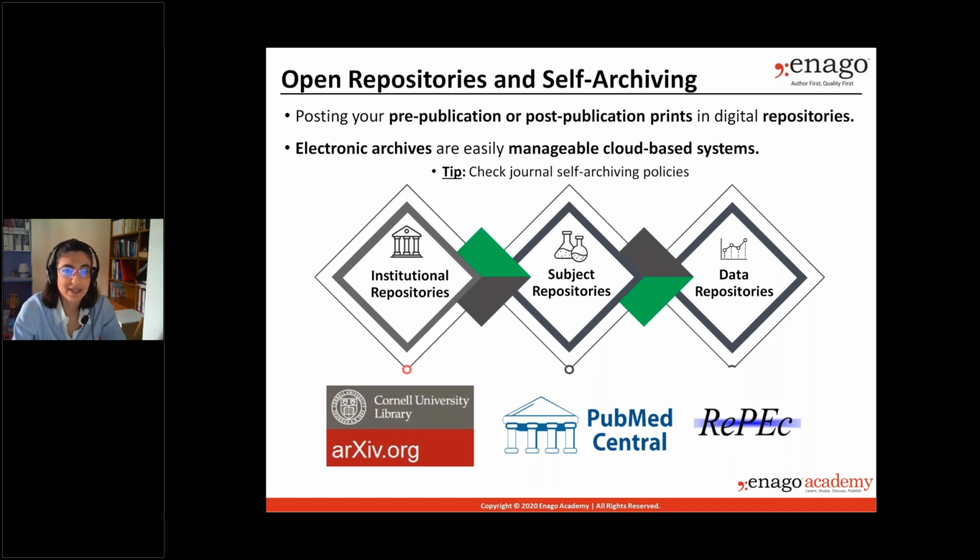Electronic archives are easily manageable cloud-based systems, and you are probably all well familiar with PubMed Central, but there's many others where one can make their publications available. They can be institutional repositories, subject repositories, data repositories.